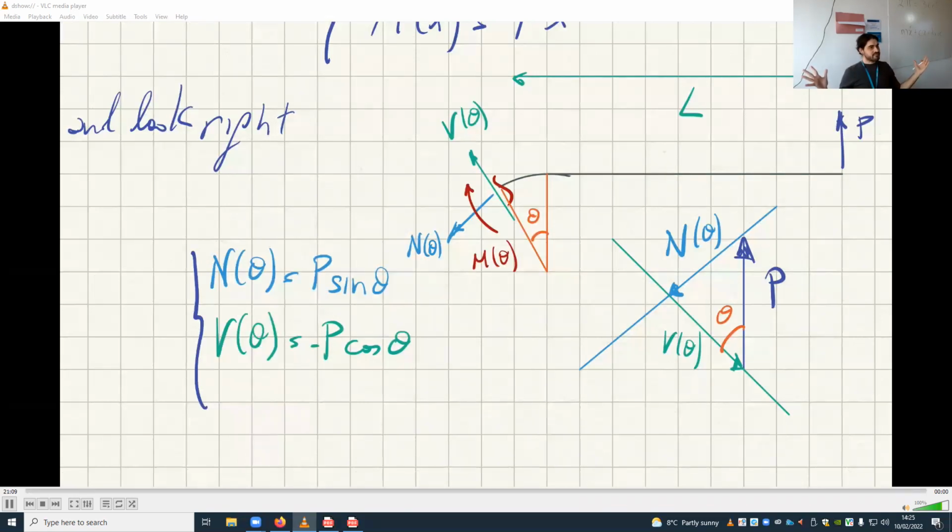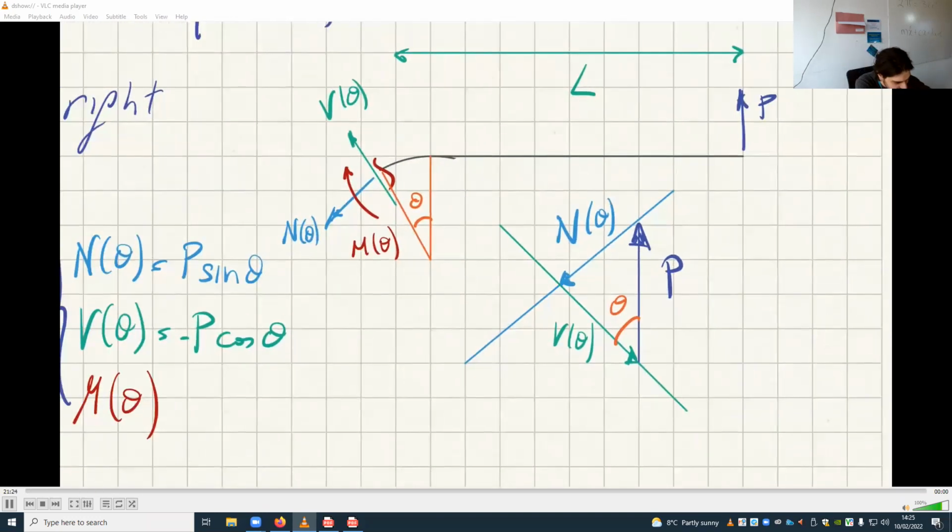Moment. What's the moment? M of theta. How do I find it? We need to find force times perpendicular distance. The only force that we have on the right is P. Oh, Asham also said cosine. Good job.